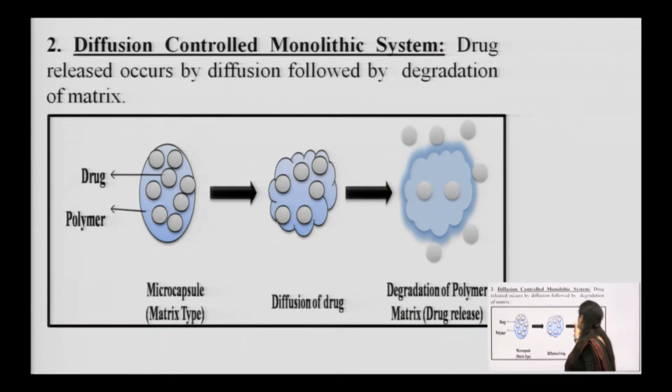Slow diffusion occurs during the release mechanism, and finally the degradation of the polymer membrane occurs at the end of the system time. So initially the drug is released through diffusion, and later the polymer membrane completely degrades and releases the remaining content of the active component, right.